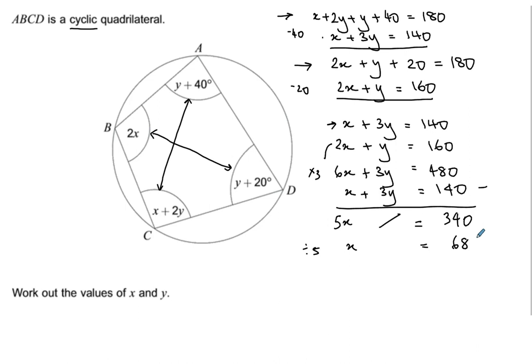Now we've found our x, let's go find our y. We'll do it in here. So you've got 68 plus 3y equals 140, minus the 68, and 3y equals 72. Divide by 3, and y equals 24.